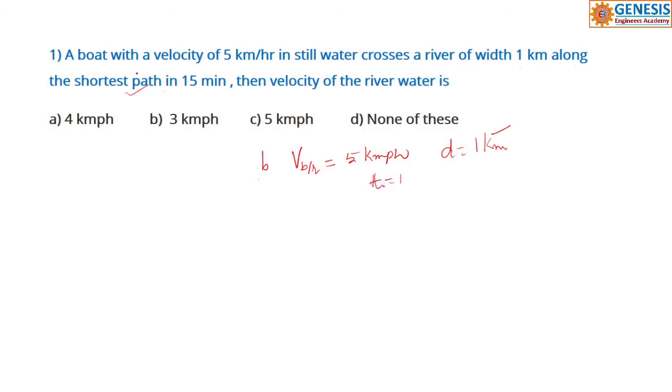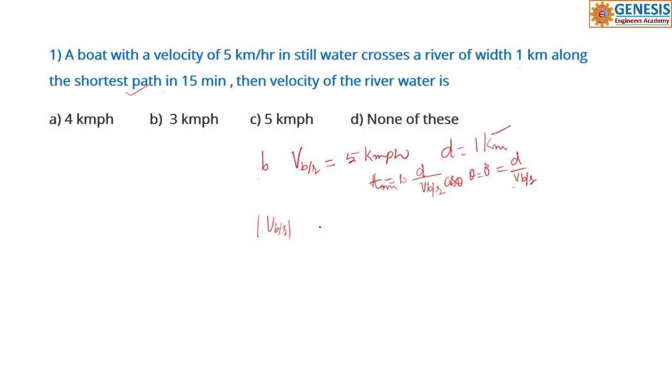So this may be T minimum. This is D by VBR cos theta. Then theta is equal to 0. Then it is D by VBR. So you have to find out the magnitude of that. What is the magnitude of VBR, or otherwise VB?